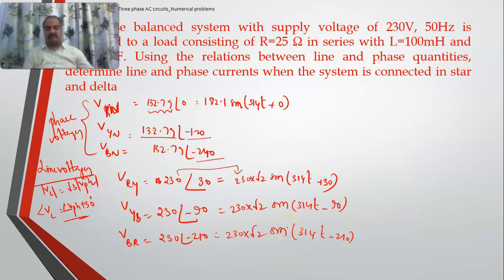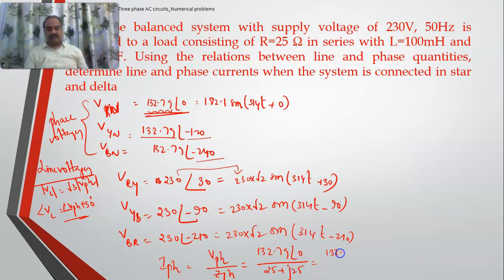Now the next one is currents. We have got the phase voltage and also the line voltage. Now let's get back to the currents. For currents, first you should calculate I phase, which is nothing but V phase by Z phase. You know V phase, right? I'll take the basic one, 132.79 at an angle of 0, divided by Z phase, which was 25 plus j25.